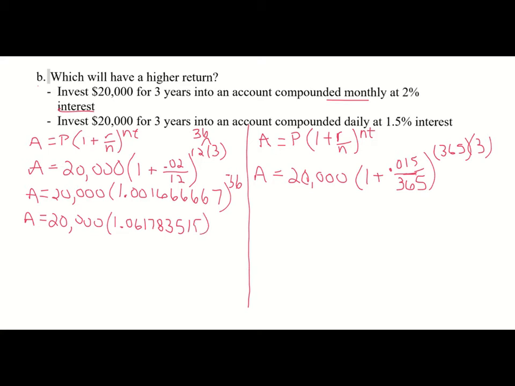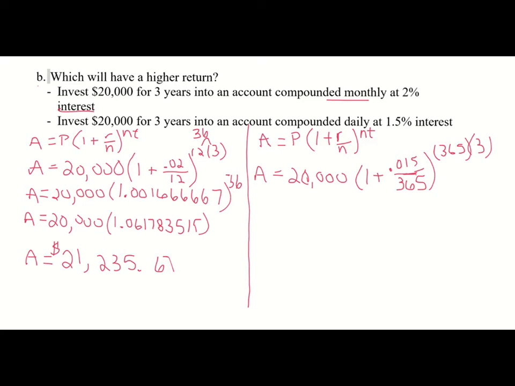And then when I multiply that times 20,000, I'm going to round it to the nearest cent, so it'll be $21,235.67 because it's 0.6703. Okay, so we ended up with like $1,235.67 in interest. So not bad.